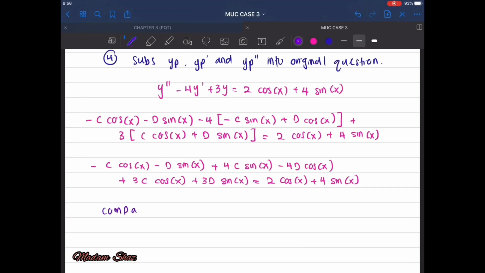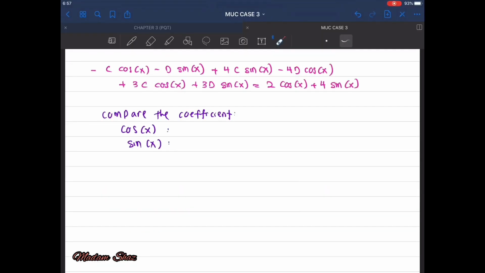So now compare the coefficient. Compare the coefficient now in terms of trigonometric cos and sin. So you have to compare cos x and your sin x. Okay, start from the beginning. This one you have the negative c cos x. So for cos x, you have negative c. What about another cos x?